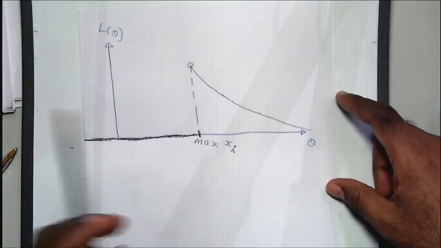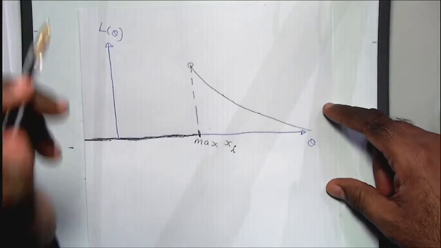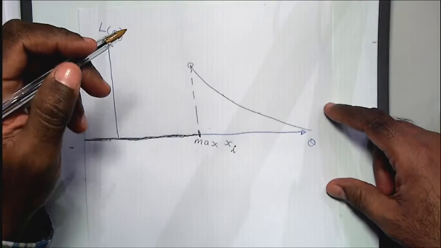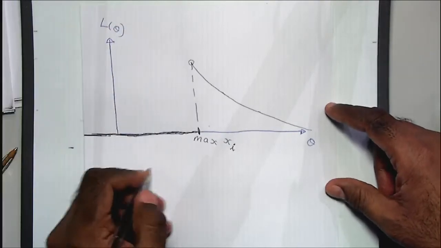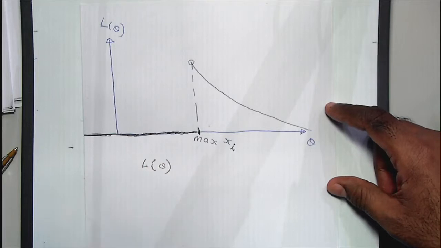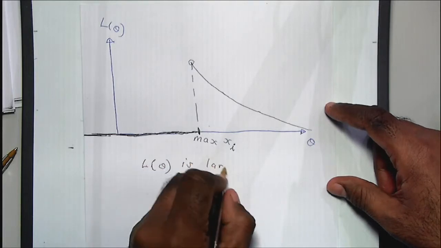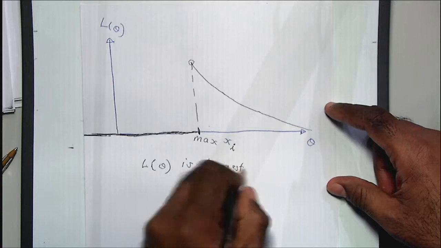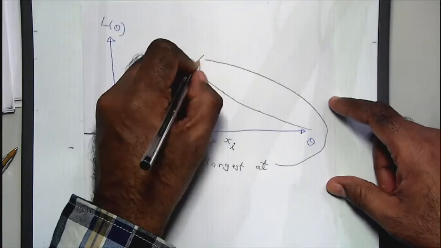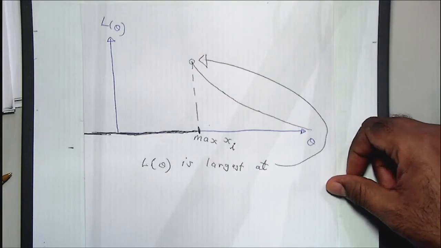Right? Now remember, the principle of maximum likelihood estimation is to find the value of theta for which the likelihood is largest. The likelihood L of theta is largest at this point, all right?